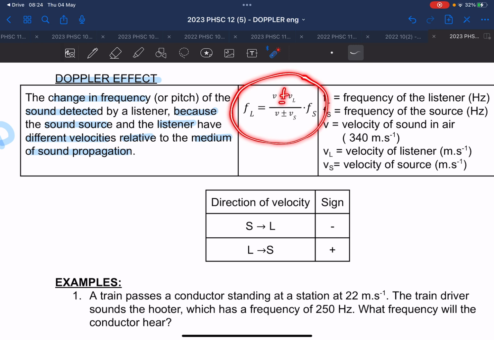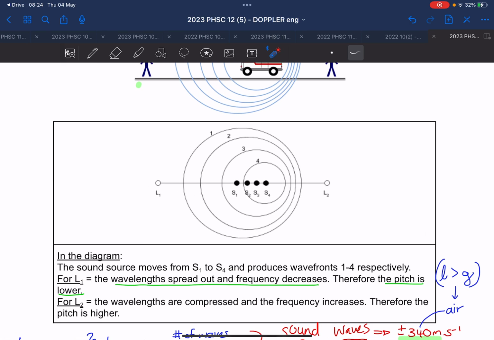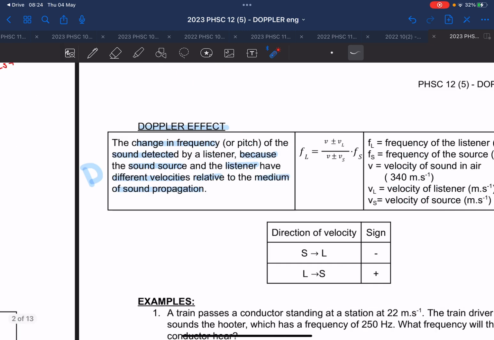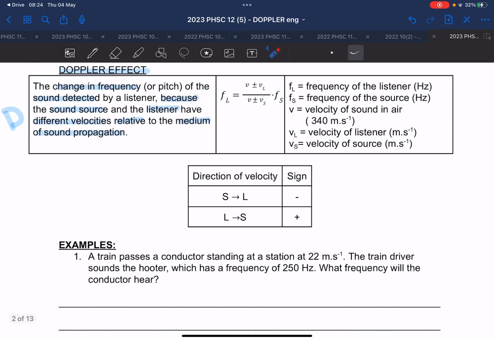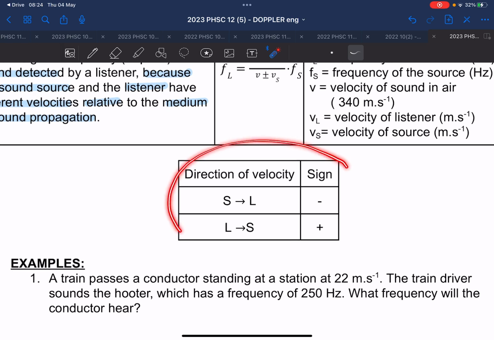You can see it's plus, minus, because it depends whether you are coming towards or going away. Because we know now that if you come towards, then it will be a higher pitch. If it goes away, it will be a lower pitch. So sometimes we must plus, sometimes we must minus. Now we're going to look at when do we do what. Here is my summary for you.